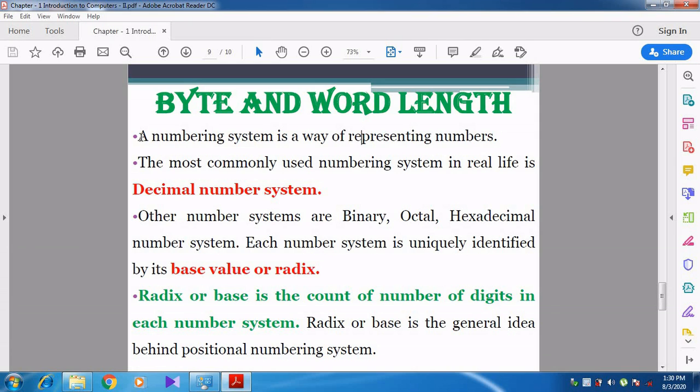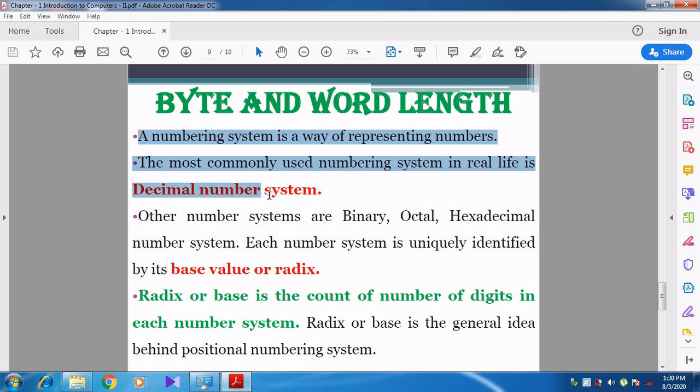Number system and radix. What is meant by a numbering system? A numbering system is a way of representing numbers.